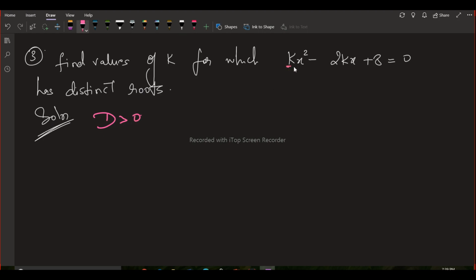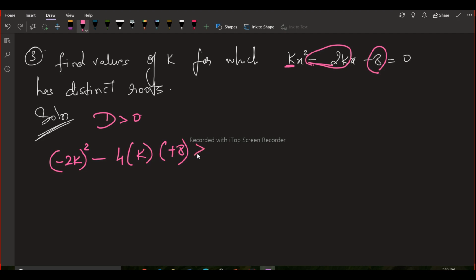So b square, so this is my a, this is my b. Now see, what is b? b is minus 2k. Okay, remember the sign, and c is 8. So we have (minus 2k) the whole square minus 4ac, and c is plus 8, right? And this is greater than 0.